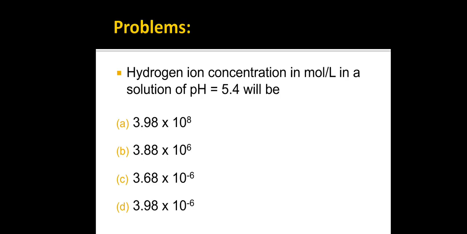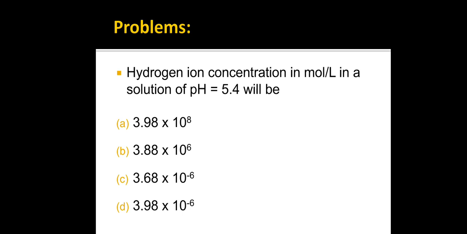Hydrogen ion concentration in mole per liter in a solution of pH 5.4 will be. So it is just the opposite question. In the previous question, what was given was the hydroxyl ion concentration, and then we calculated the pH. Over here they have given the pH and ask us to calculate the hydrogen ion concentration.